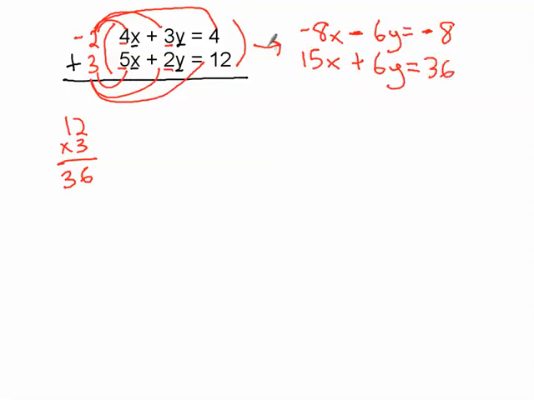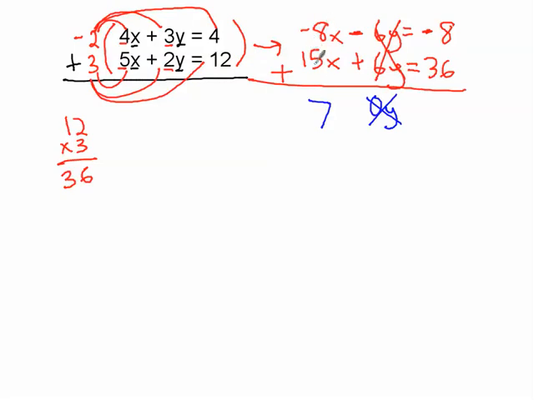And then we are going to add the two equations together. When we add them together, the -6y and the +6y cancel. And so what we're left with is 0y, and anything times 0 is 0, so it just cancels out. -8 plus 15, the difference between 15 and 8 is 7, right?